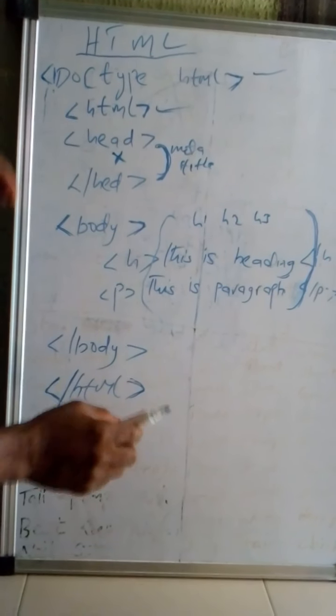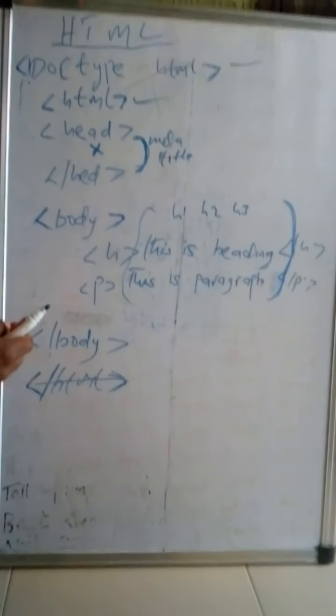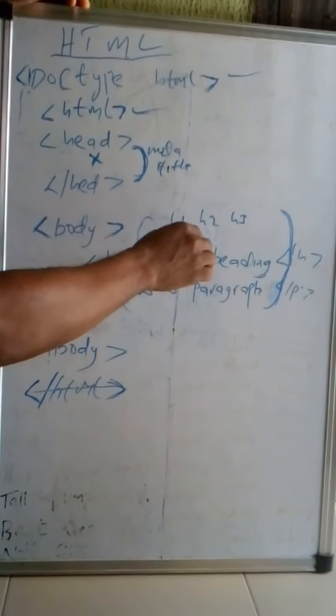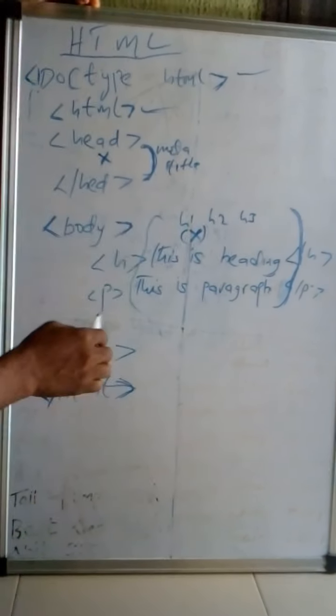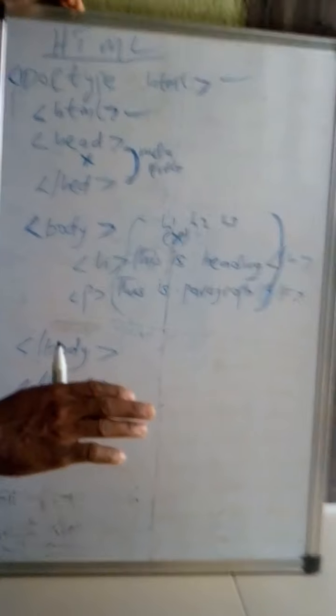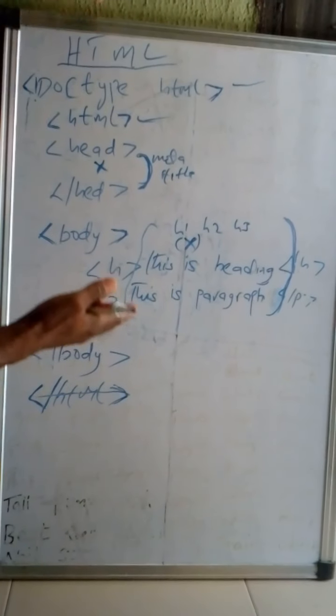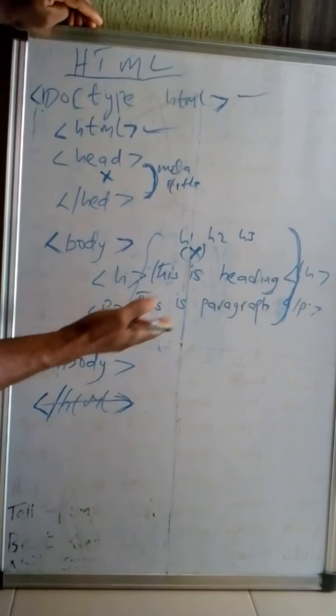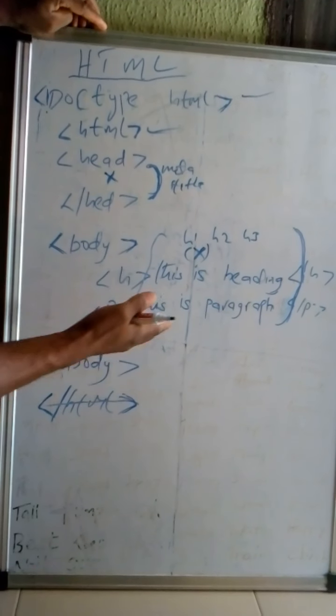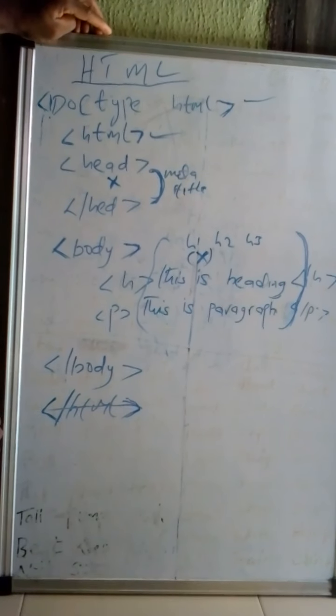Now if anything is missing here, and then you enter this into your browser, you discover there will be an error displayed, or the browser will not display anything, because for your web browser to interpret what you have written, all these things must be in place.